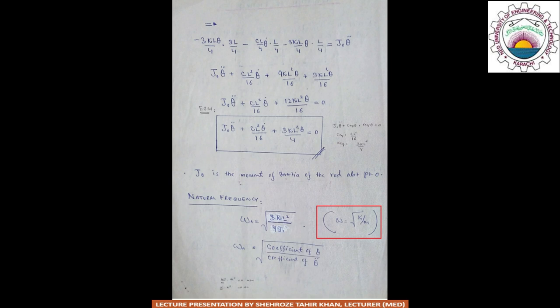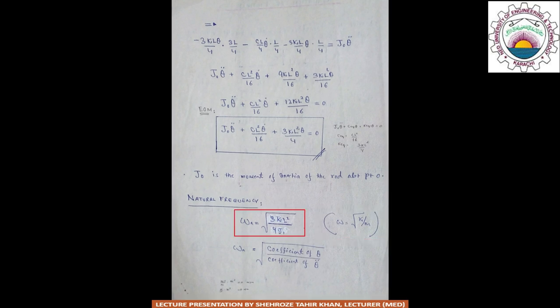Therefore, for this given problem, the coefficients are 3kl square upon 4 for the stiffness and J naught for the inertia, and by substituting these values in the formula of natural frequency, we get omega n is equal to under root 3kl square upon 4J naught.